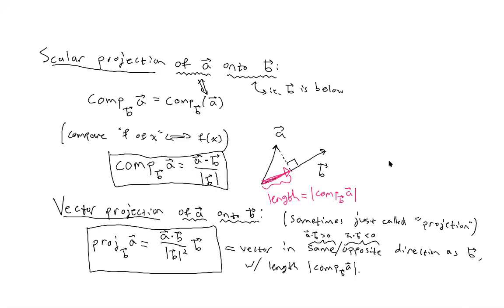I guess I should actually, before I go on to my next slide, point out that in this particular case, in the figure that I've drawn here, this pink vector actually is proj A onto B. Its length is the magnitude of the scalar projection. Okay.